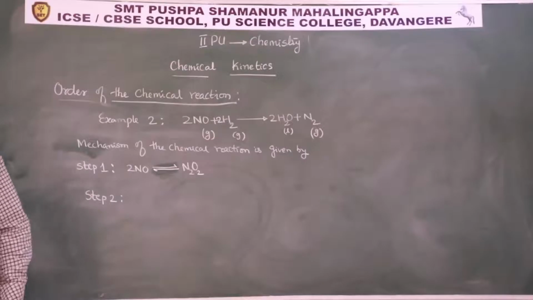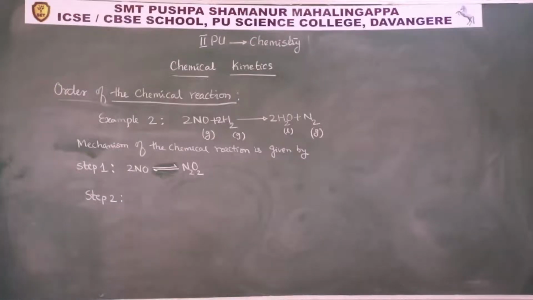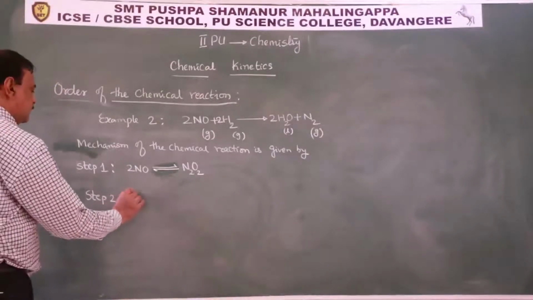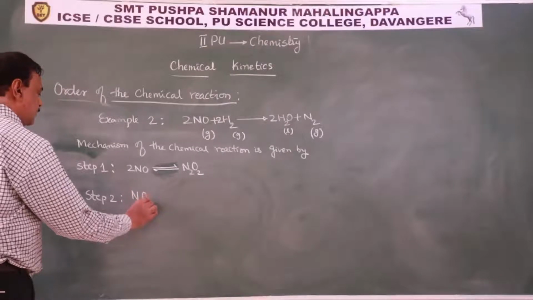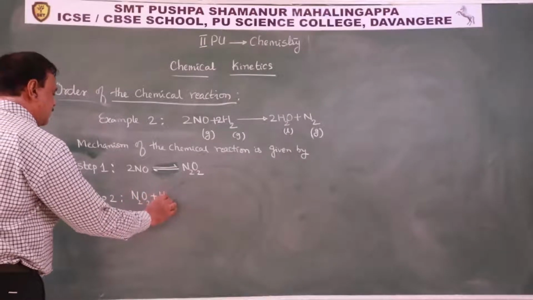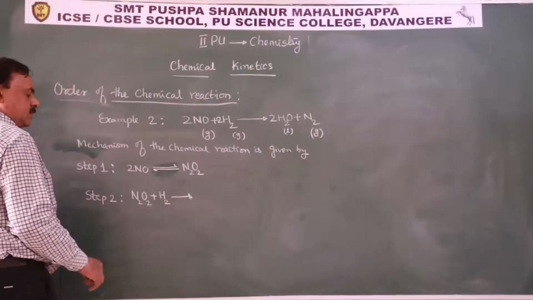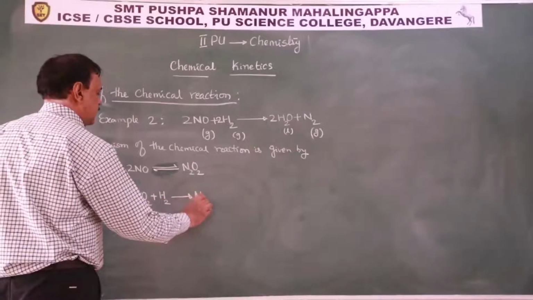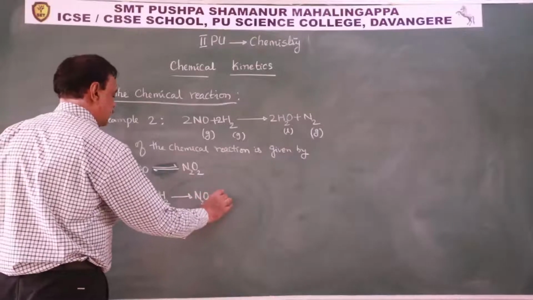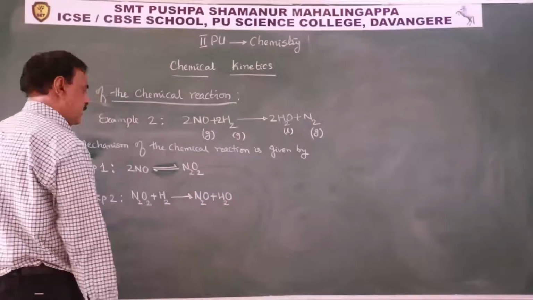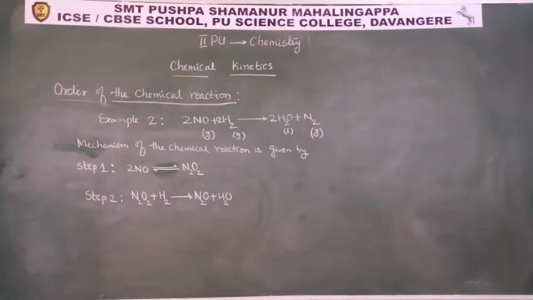In step number 2, N2O2 reacts with one molecule of hydrogen, then it gives rise to N2O plus H2O.